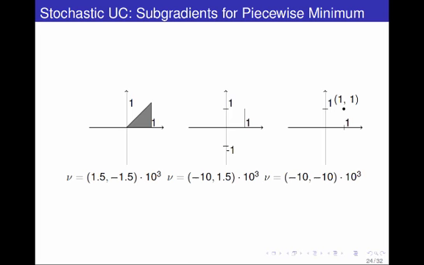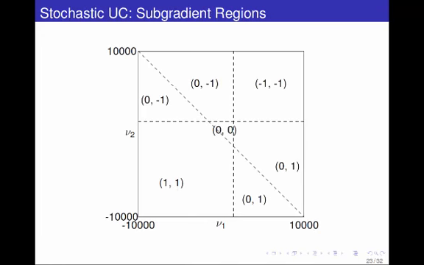Now, if we move from minus 10,000 to minus 10,000, 1,500, which is over here, then the subdifferential of the function is the convex closure of these 2 points.